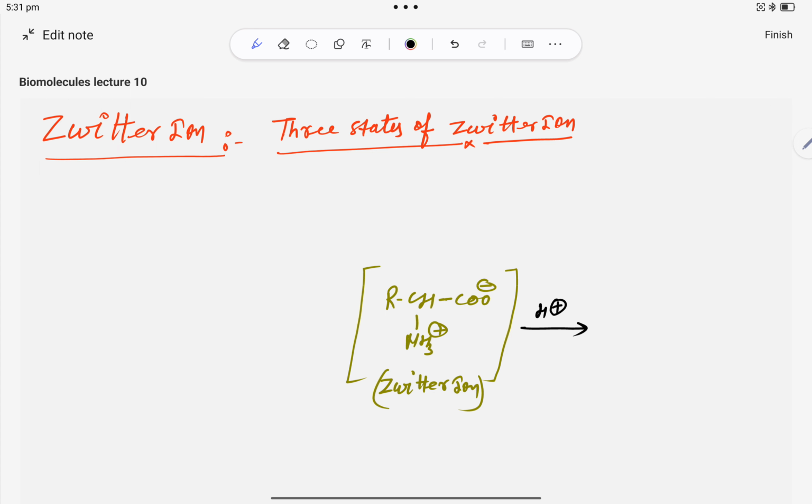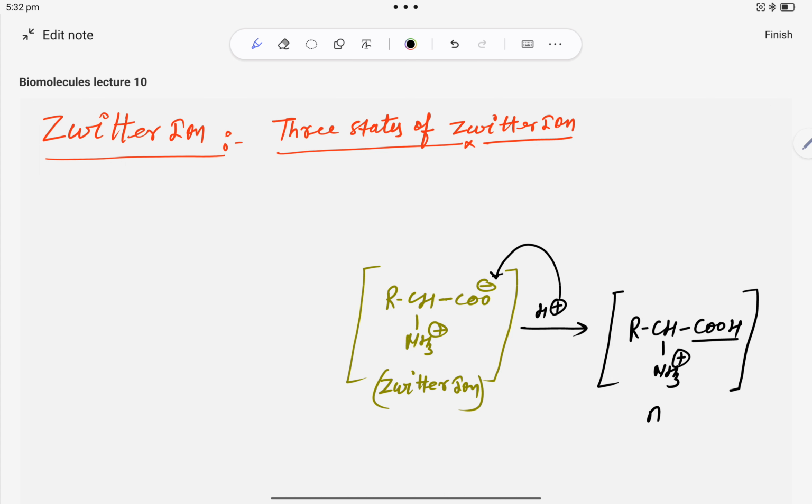According to your view, that H plus will be attracted by this negative species. It will be attached here. So what you are getting now, R CH COOH and NH3 plus. So that is one state of zwitterion. It is acidic or basic, children? Because of the presence of COOH, it is acidic nature.